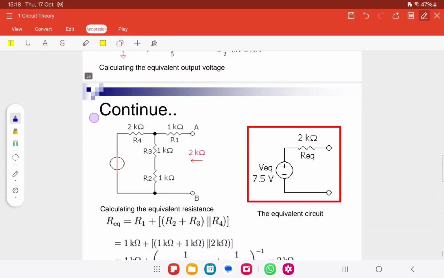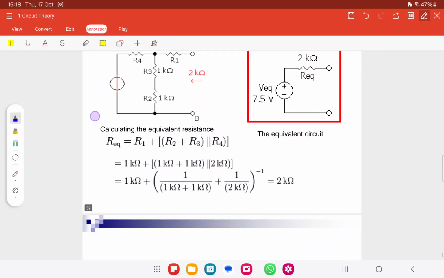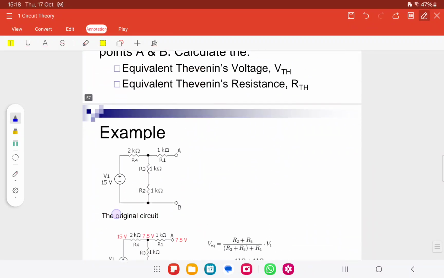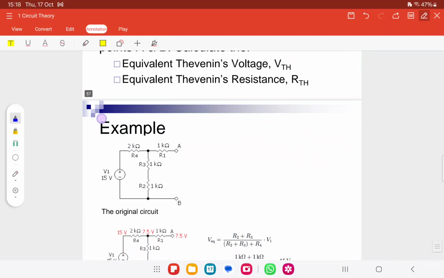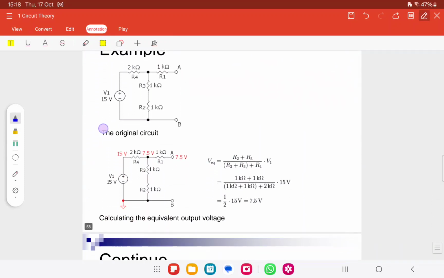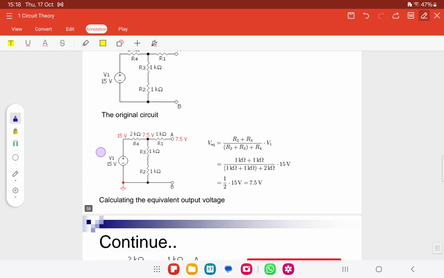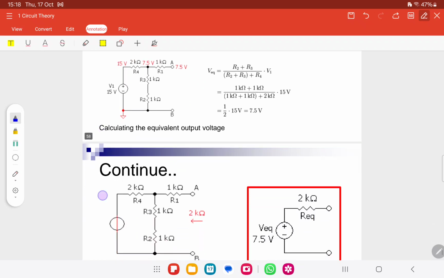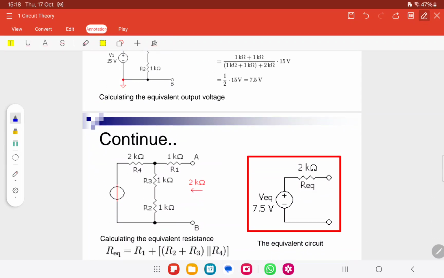Okay, ni explanation dia lah. Kita tengok je sikit. Original circuit, this one. So this is short.